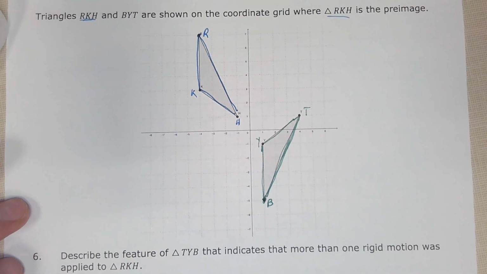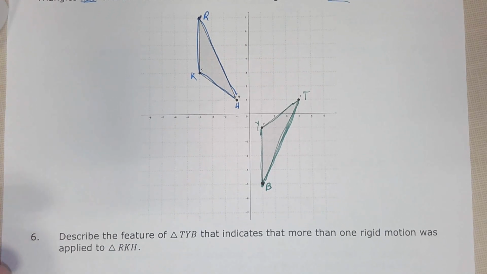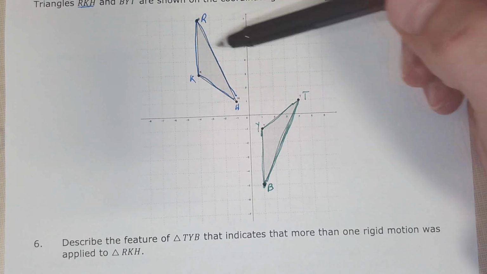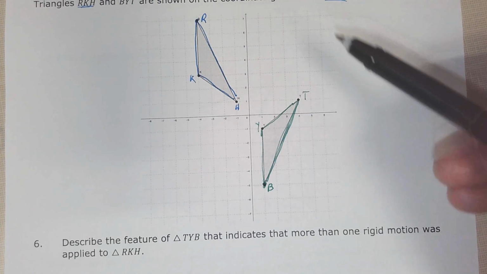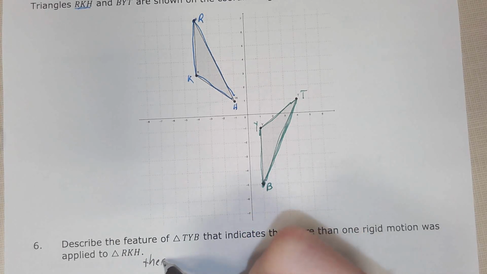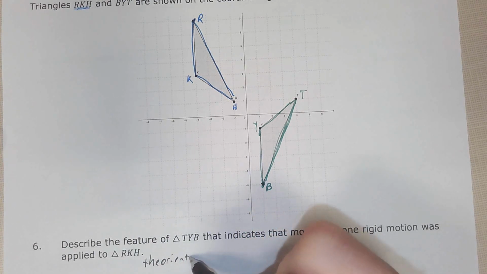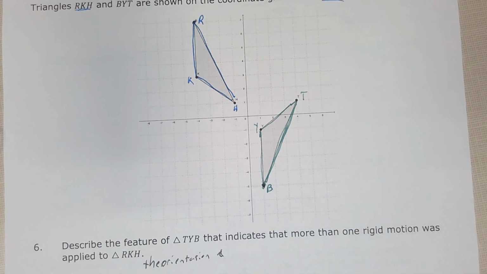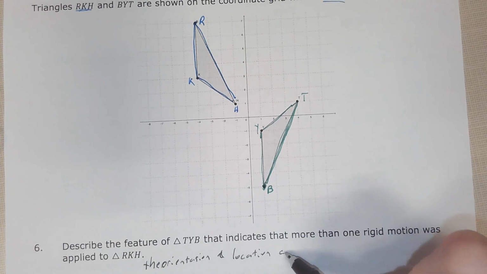The orientation and location changed. So that means that it's a rigid motion, and while that was going on, all of the lengths of all the sides remain the same. So the orientation and location changed.